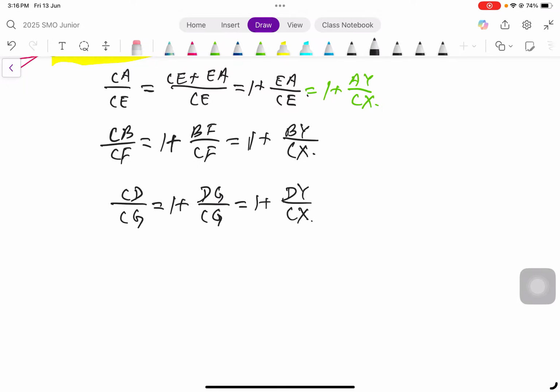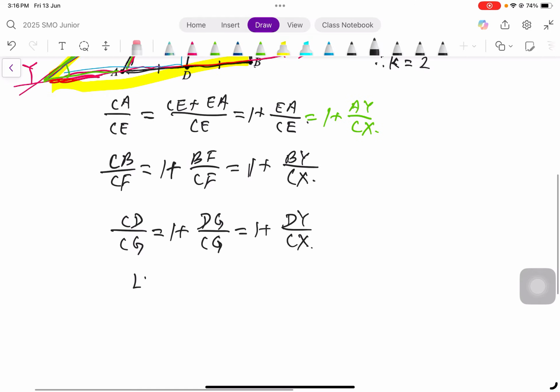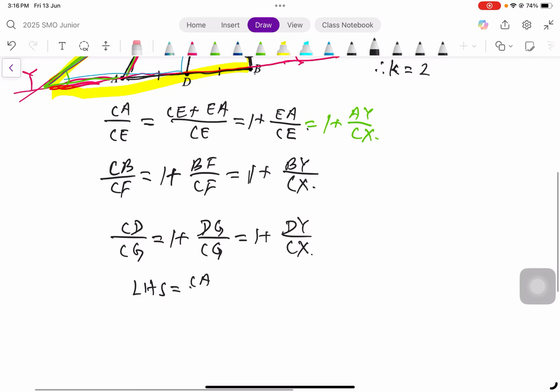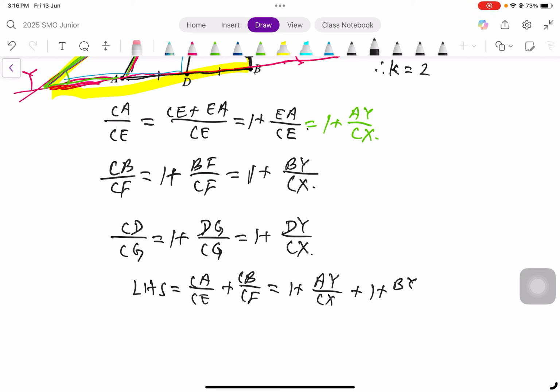Now look at the left-hand side: CA over CE plus CB over CF is 1 plus AY over CX plus 1 plus BY over CX, which gives 2 plus AY plus BY over CX.